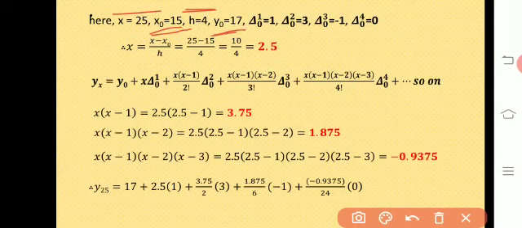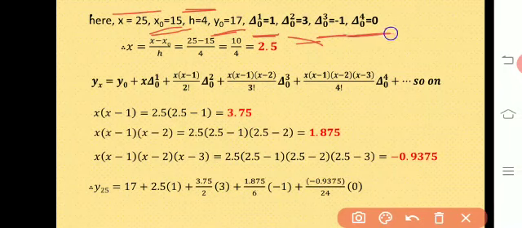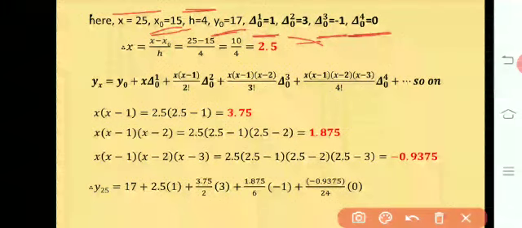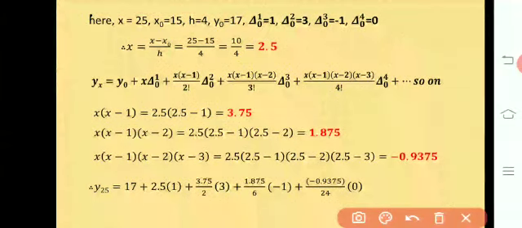And these all, that is delta 0 raised to 1 is equal to 1. Delta 0 square is equal to 3. Delta 0 raised to 3 is equal to minus 1 and delta 0 raised to 4 is equal to 0, we have estimated under the leading difference table. Then we need to find x, where x is x minus x0 upon h.